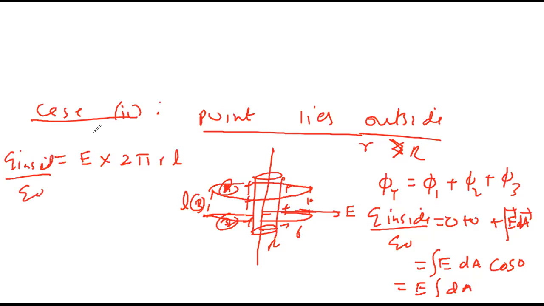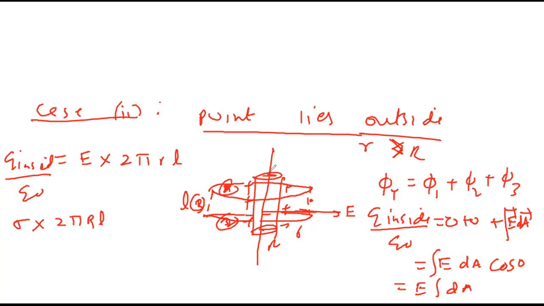Now, in terms of sigma, Q inside will be sigma into area 2 pi RL. Q is sigma into area.